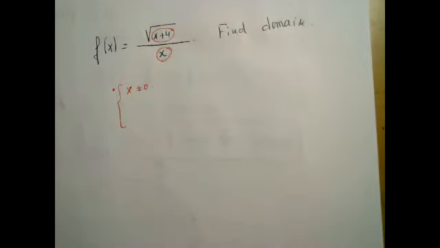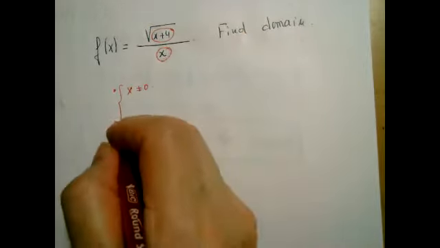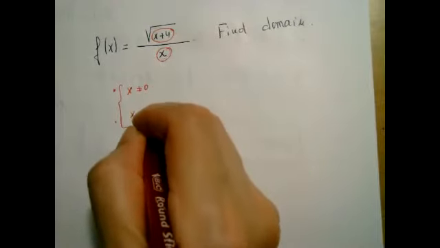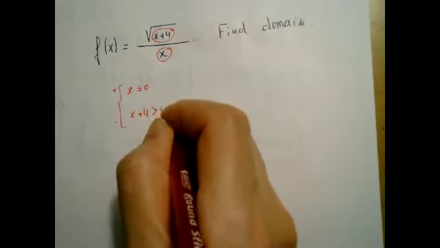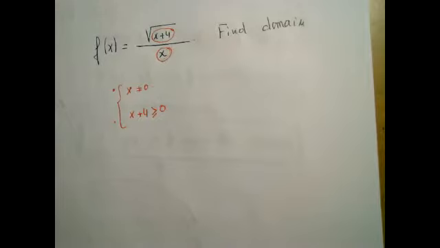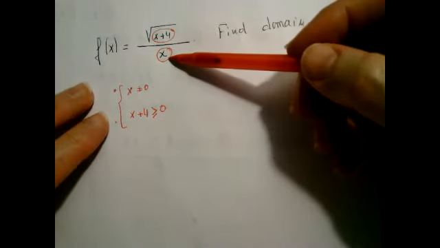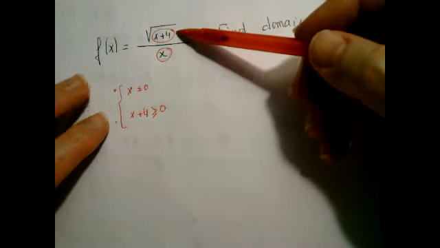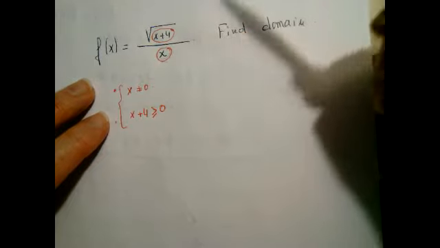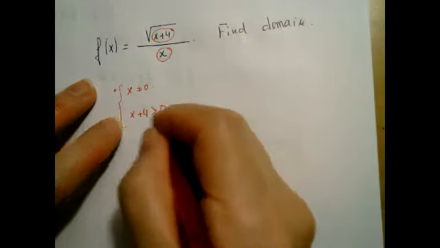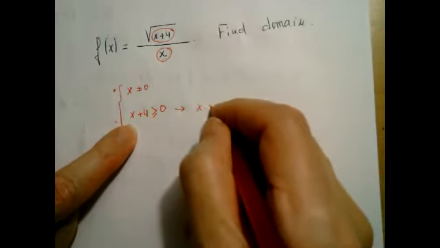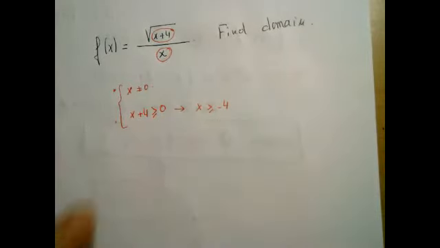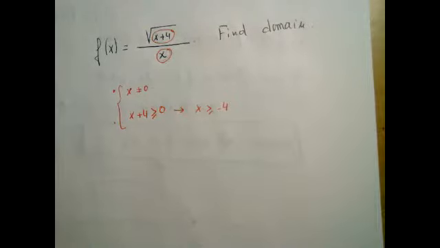I have a square root. I also want everything under the square root to be positive or equal to 0. So here I need two things. I want x to be not 0, and I want what's under the square root to be positive or 0. So x plus 4 means I want x greater or equal to minus 4, and x different from 0.